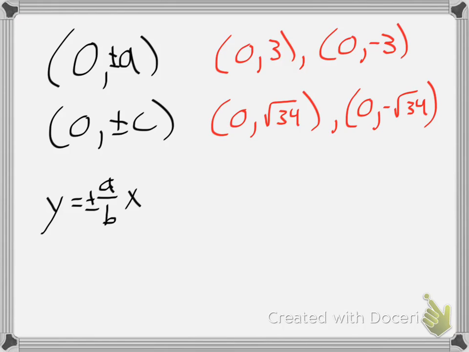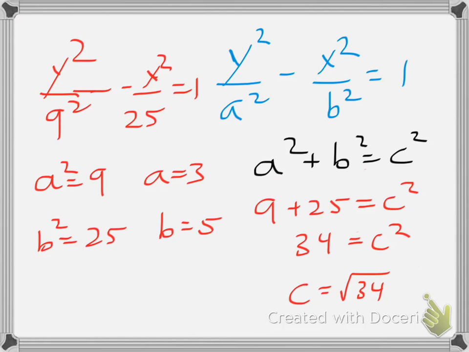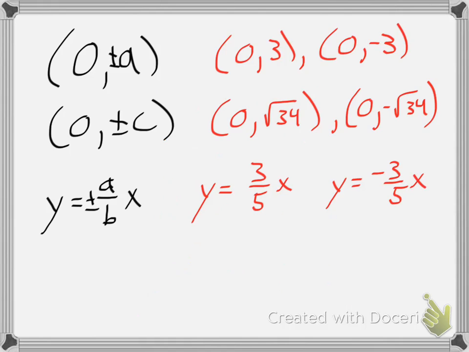And since the value for b was 5, my two equations are going to be y equals 3 over 5 x and y equals negative 3 over 5 x. So now I have my vertices, my foci, and the equations for my asymptotes.